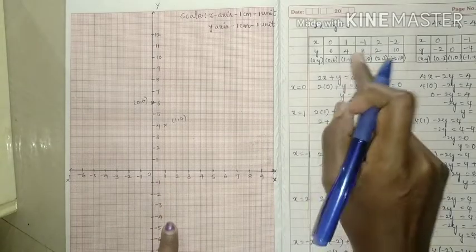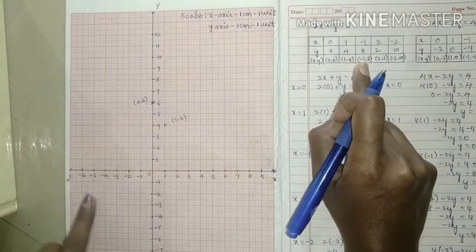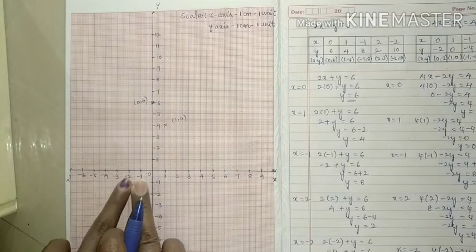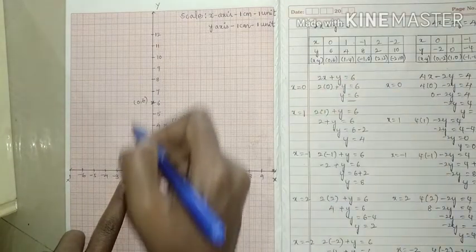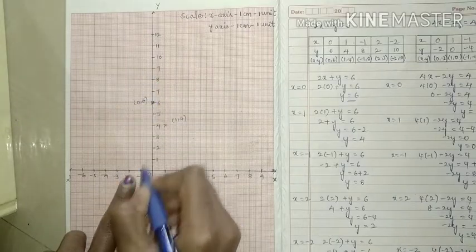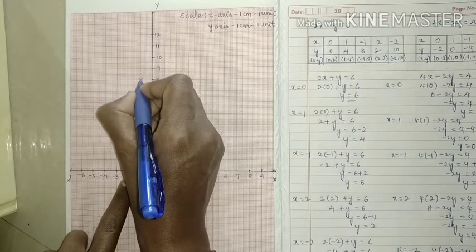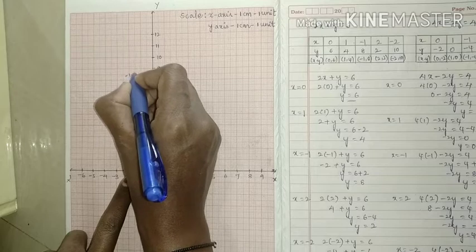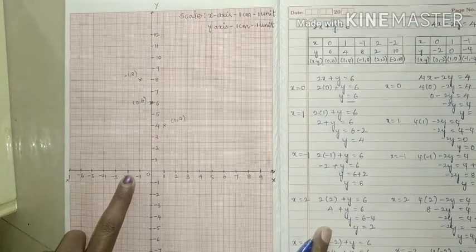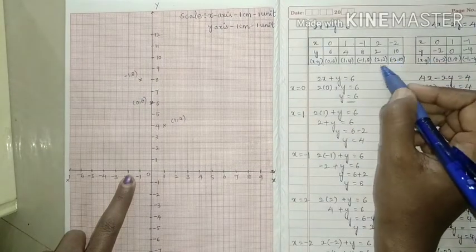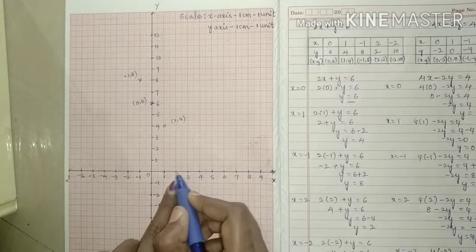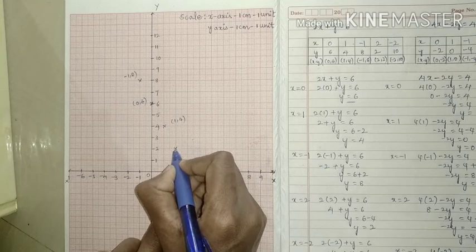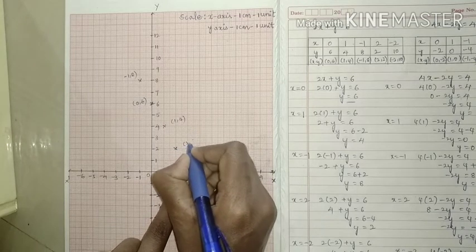Now minus 1 comma 8. So minus 1 is here on the x-axis and y-axis is plus 8, means we have to go up. Minus 1 comma 8. The next point is 2 comma 2. So here on the x-axis is 2 and on the y-axis also mark 2, that is 2 comma 2.